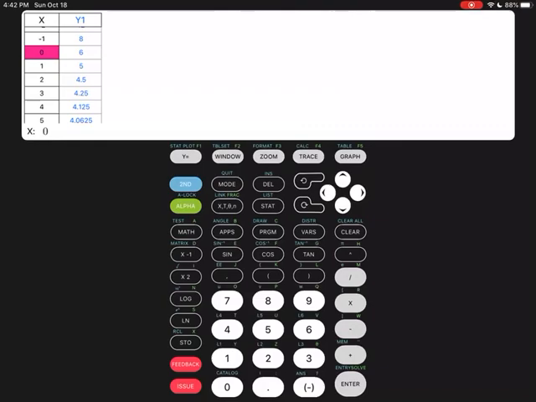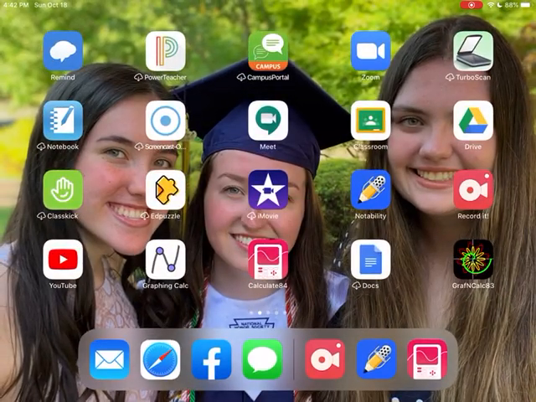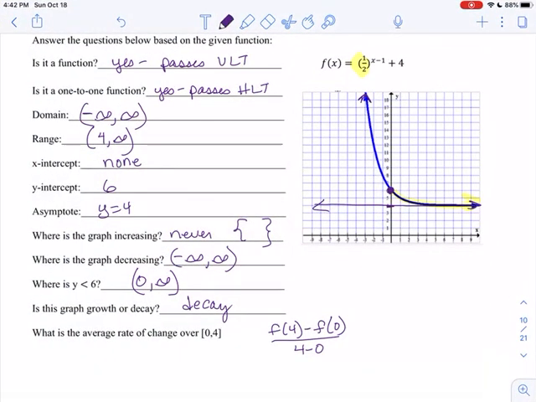Second table, because I'm looking at the table, and I want to know f of 0. So f of 0 is 6, and I want to know f of 4. f of 4 is 4.125. So f of 4 is 4.125, and f of 0 is 6.